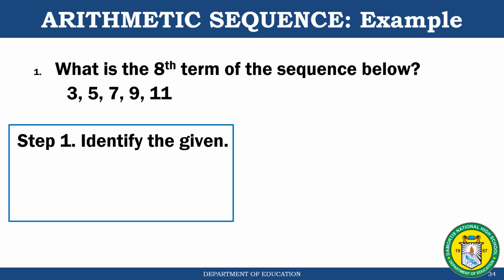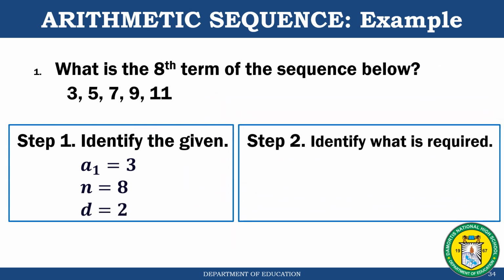So we have the steps. Step 1, identify the given. So from the formula, a sub 1 is 3. The n is 8, and the common difference is 2. Then identify what is required. So we're looking for a sub 8.